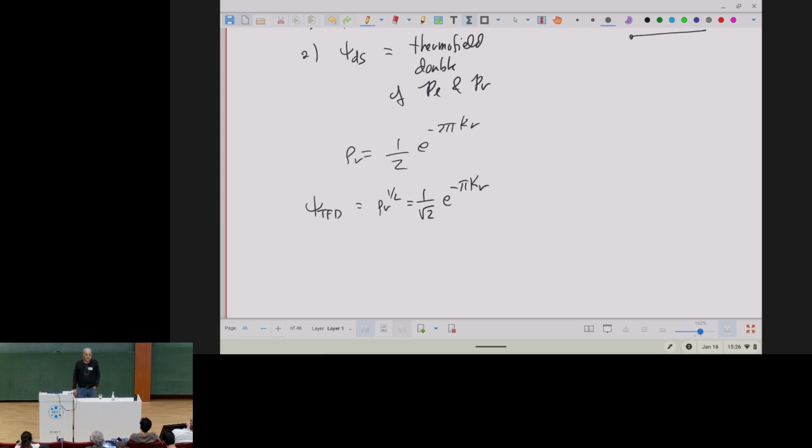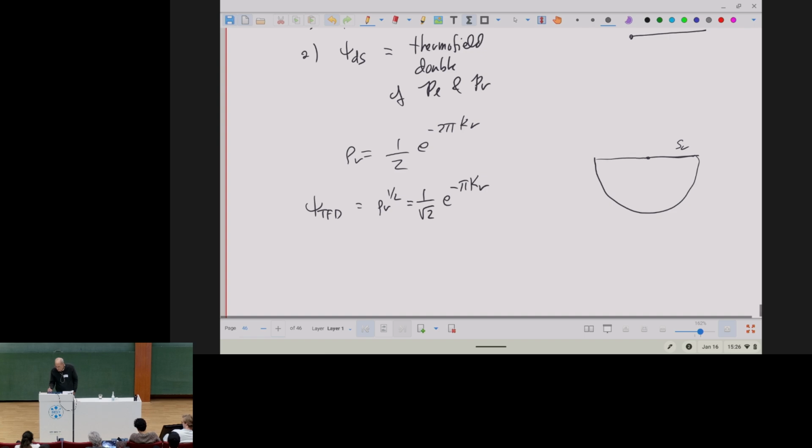And e to the minus pi k right rotates us through an angle pi in Euclidean signature. And just as in Rindler space, when you rotate S right through an angle pi, you just build up the lower hemisphere W. And the path integral on W, by definition, is the state psi dS up to the normalization factor.